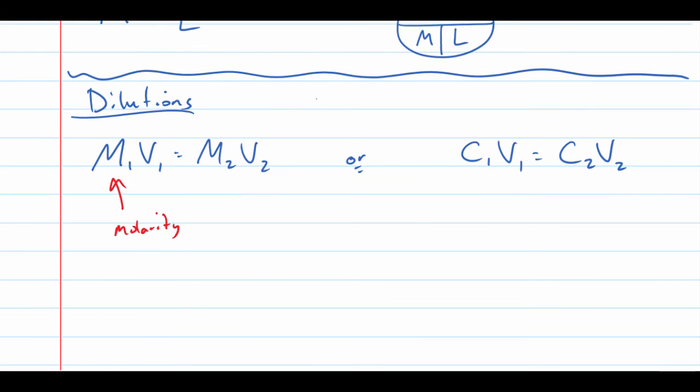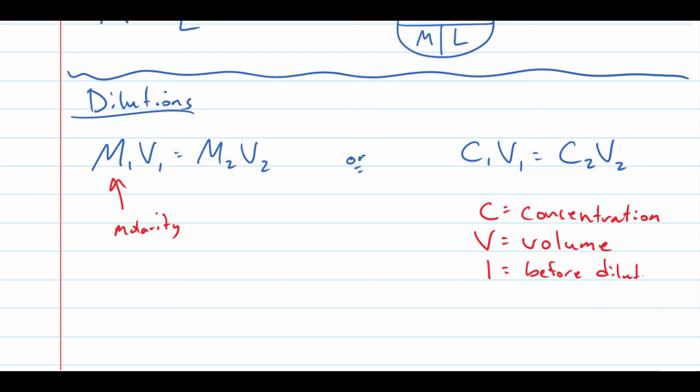And I prefer to use this latter form because it's a more general form. And in here, we say that C stands for concentration. V stands for volume. A subscript of 1 stands for before or beginning, right?